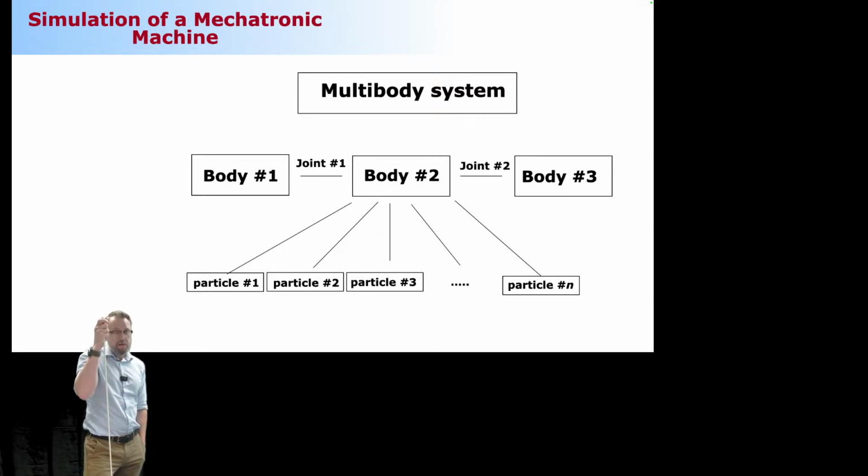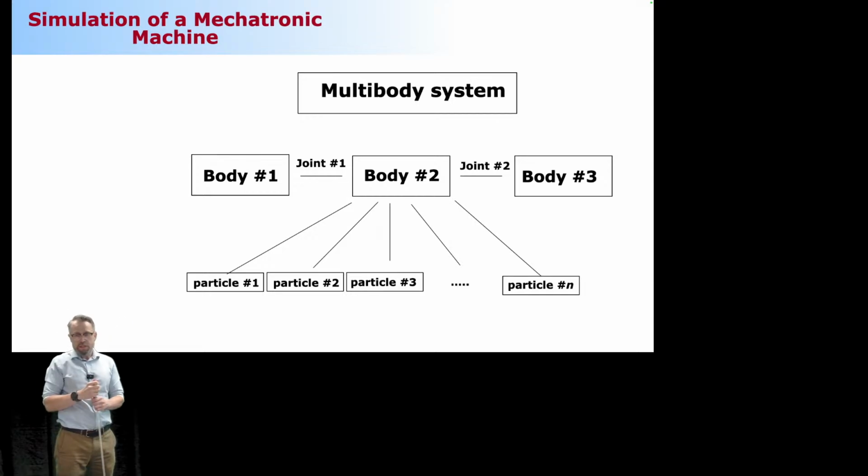All right, now if we take a close look at one body only, we are assuming that the one body consists of particles. The particles are something you cannot see in real life. This is a mathematical thing. But we are assuming that the body consists of very, very small particles, something so tiny that it does not have rotational degrees of freedom.